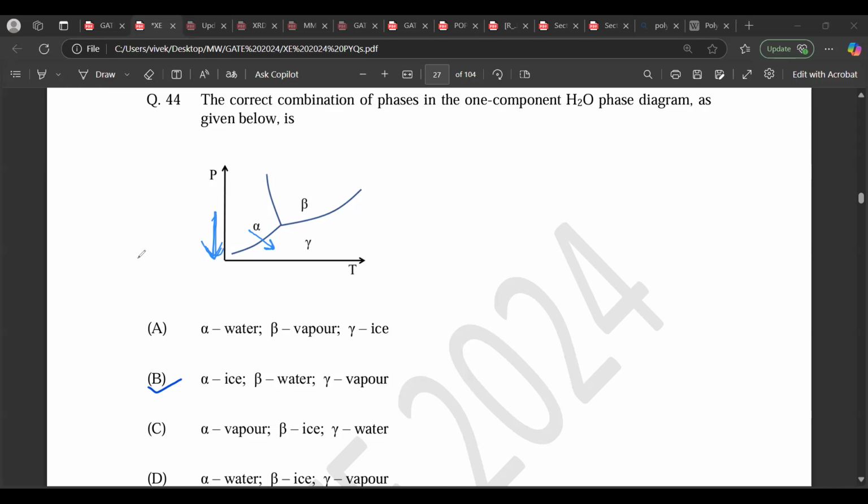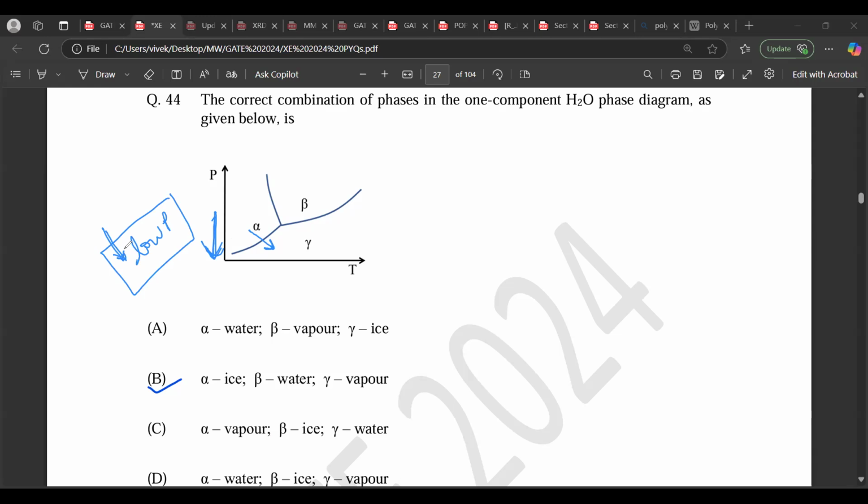At low pressure, this is what we usually observe when we go to higher places like mountains or peaks. The pressure gets reduced because the amount of gases or air, the oxygen concentration, is lower at higher heights.